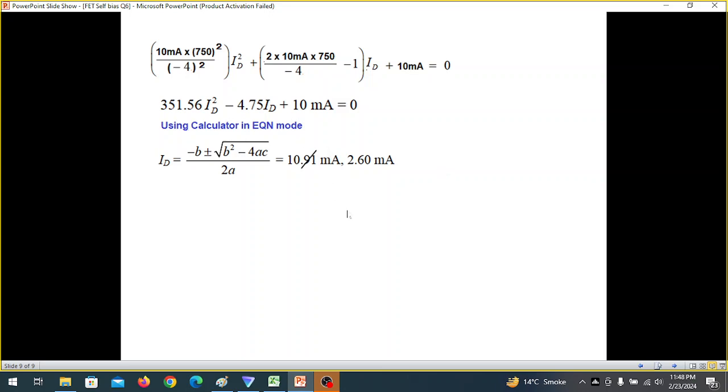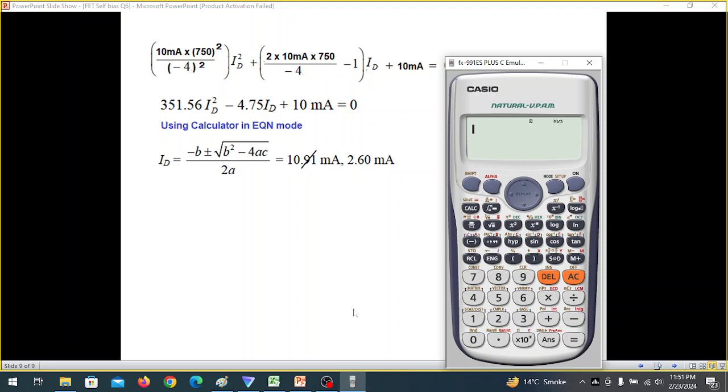But let's try to solve it using the calculator. Okay, so here is the calculator. It is always best practice to clear it before we start.